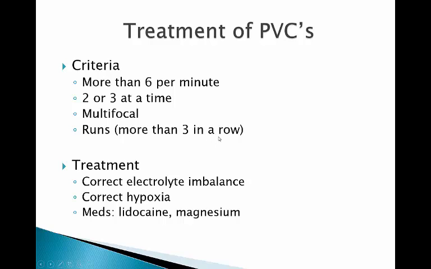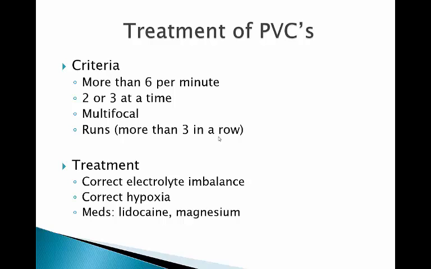All right, so how do we treat PVCs? Well, if they are multifocal or they're coming pretty frequently, 6 per minute, if we're having runs of more than 3 in a row, then we probably want to treat it. So chances are we're going to draw labs first and correct any electrolyte imbalance that there is. If the patient's hypoxic, of course, we want to correct that as well.